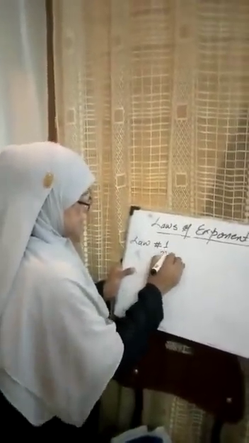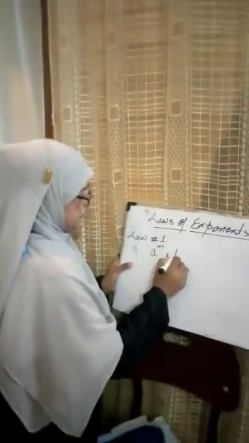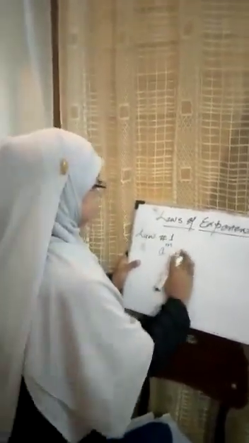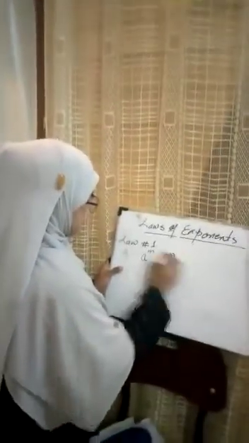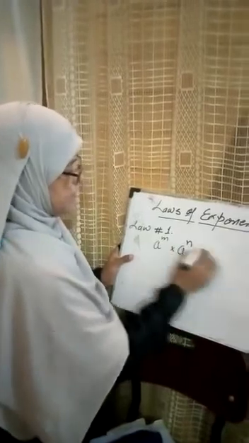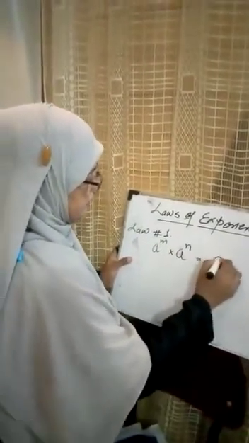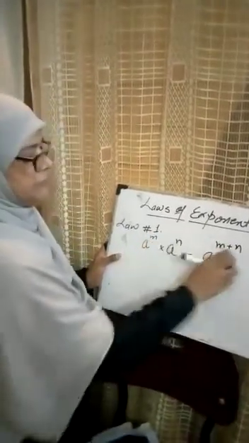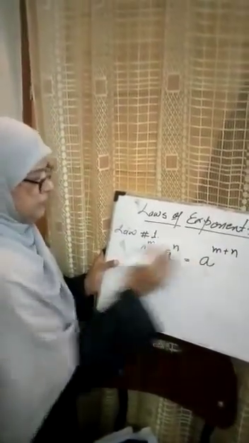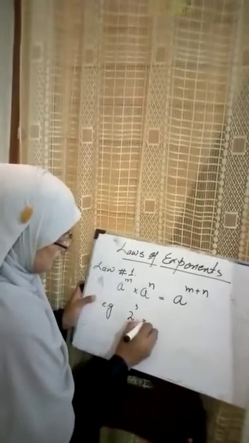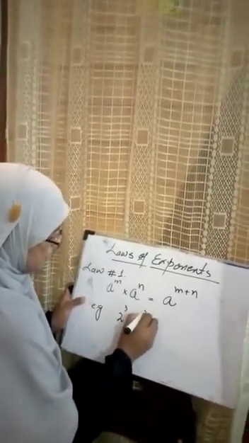Law number 1 is: when bases are the same, in general we can write a to the power m multiplied by a to the power n. When bases are the same in multiplication, powers will be added. Its result will be a to the power m plus n. For example, 2 to the power 3 multiplied by 2 to the power 2.